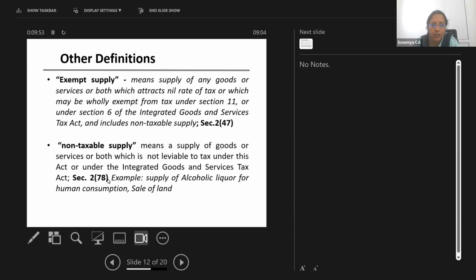So those are the non-taxable supplies. And zero rated will be when you are doing an export or import transaction. These are the few forms which can be a little confusing, but when you go to the definition and try to understand, it becomes very clear, because there is no ambiguity as far as this section is concerned. Any questions on exempt, non-taxable, zero rated supply? So I'll proceed.